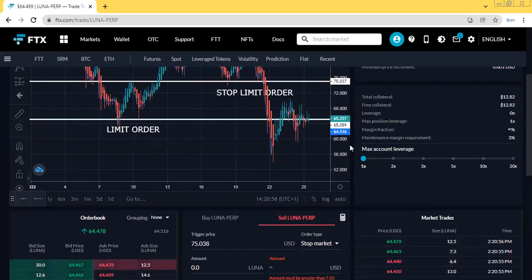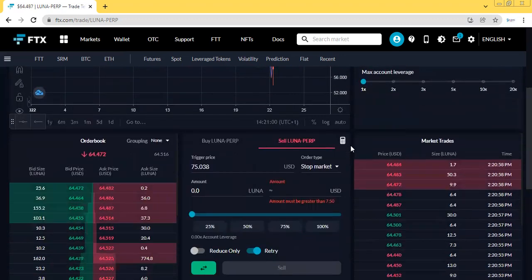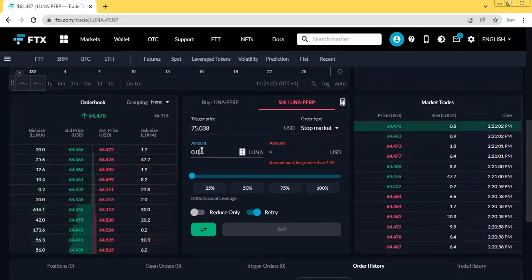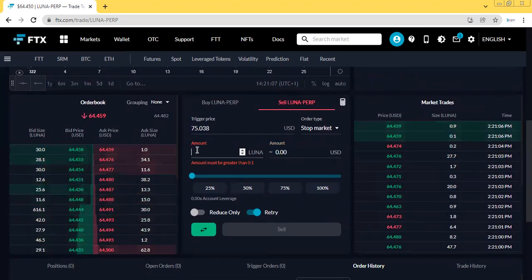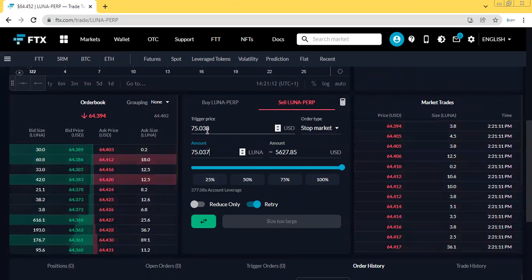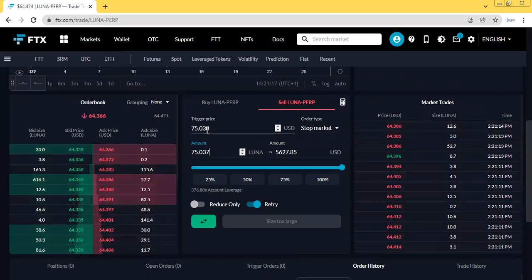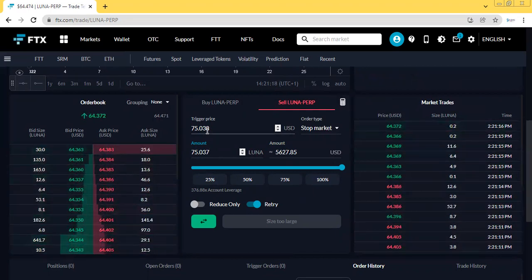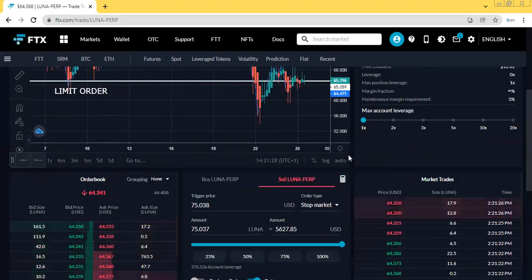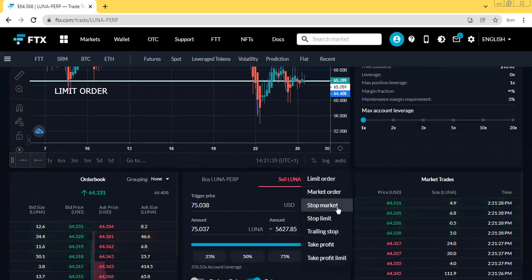Okay. Assuming that you put your trade, this is the trade you put, and you want to place a stop market order.